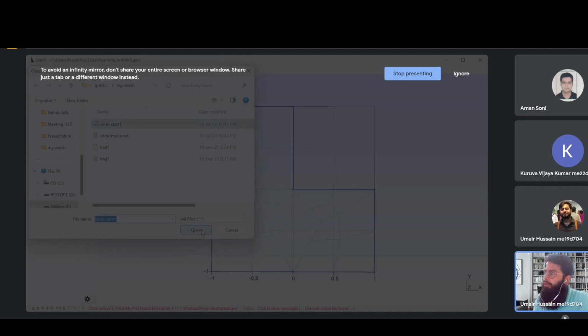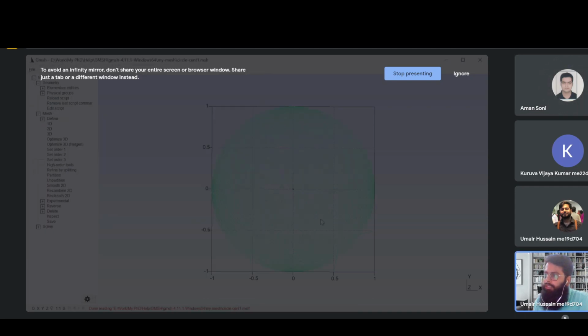So we'll just see here. This is a mesh that I had produced earlier.